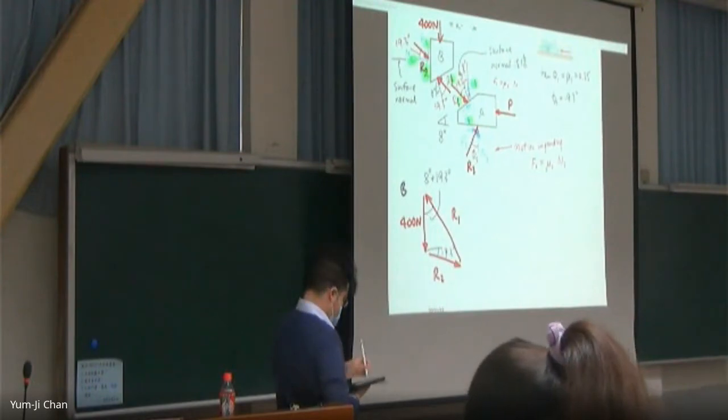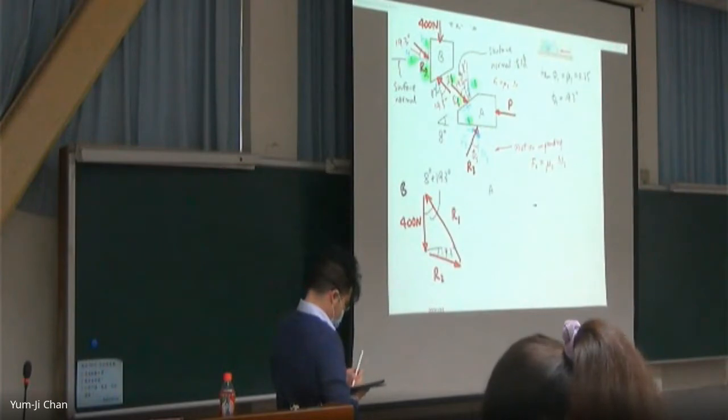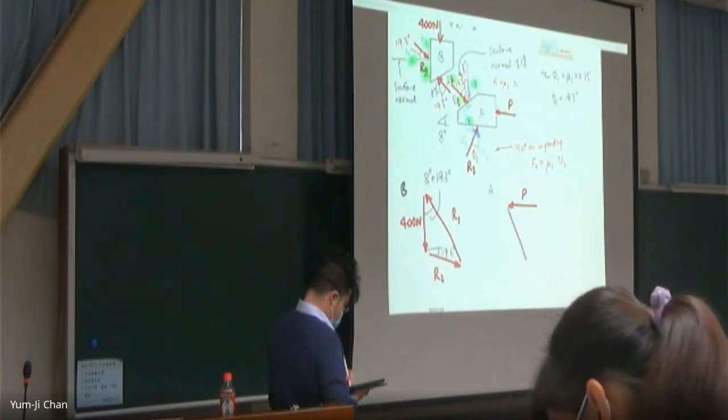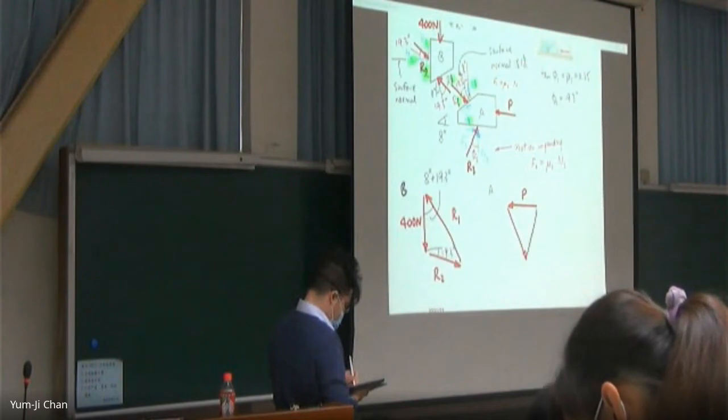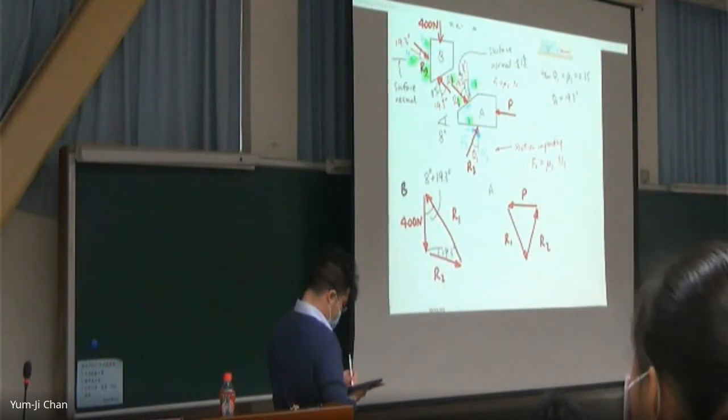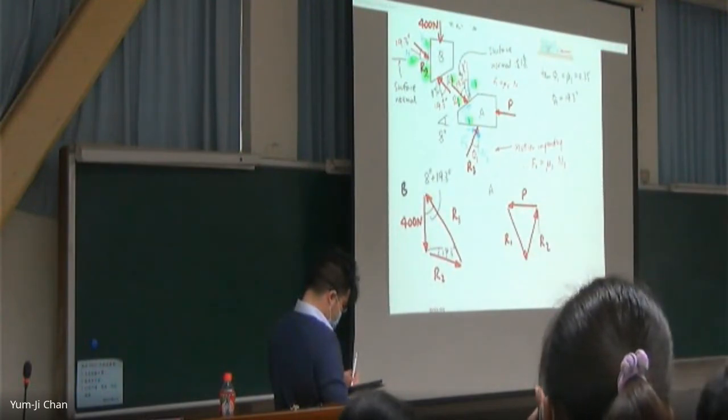And for block A, what do we have here? We have P here, and then we have R1 and R2 here. These two angles are 19.3 degrees.